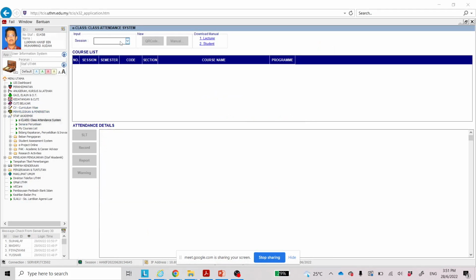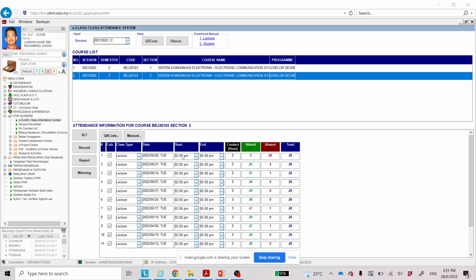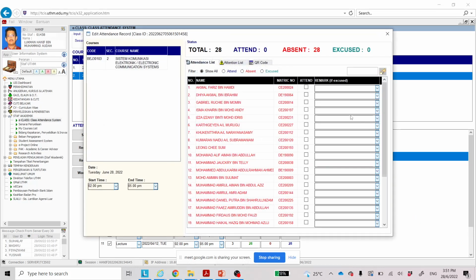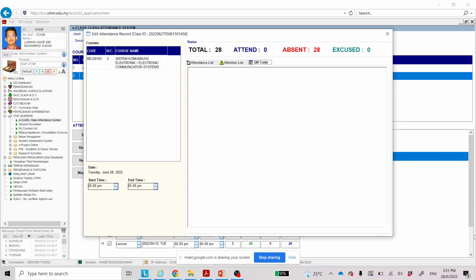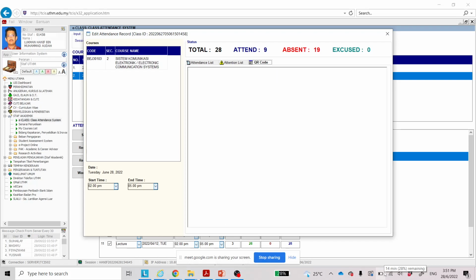You can scan your attendance. For those who have scanned the attendance, you can go out. Okay, all the best to you for your final exam.